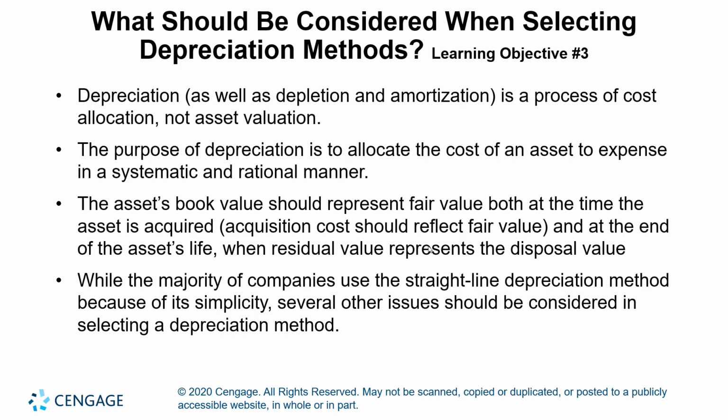While the majority of companies use straight line because of its simplicity, several other issues should be considered when selecting a depreciation method. This is just showing that straight line is constant across the balance. The depreciation expense is the same every year, but double declining balance starts really high and goes down. But at the end, you end with the same residual value, no matter what the method is.